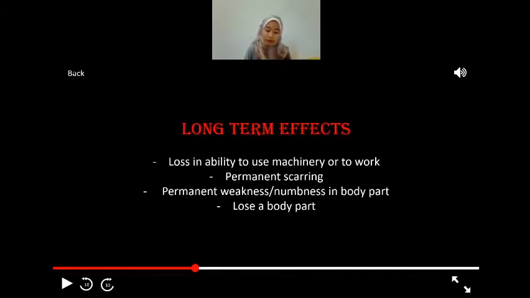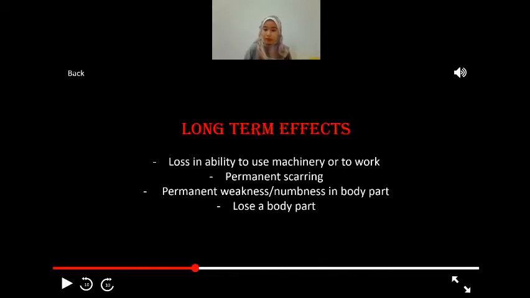This is because the muscle, tendon, etc. need to properly heal or it would cause further damage, such as chronic inflammation and other types of problems. Permanent scarring may also occur if the cut is too deep.